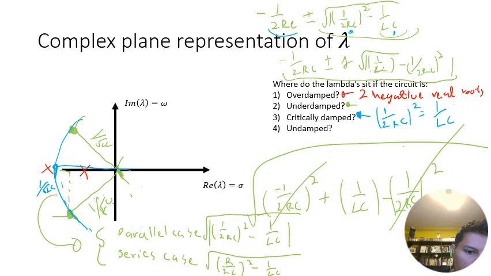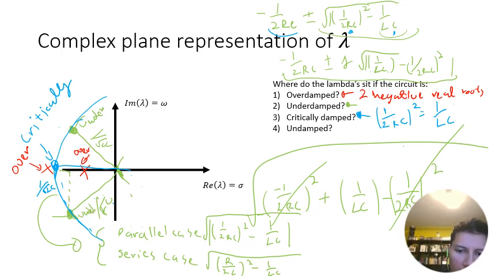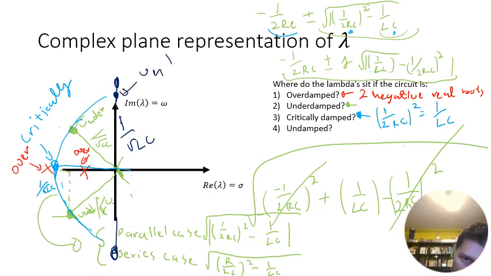And so the solutions should always sit on a circle, and where this is critically damped, and then this would be overdamped, and then the green ones are underdamped. And if you have an LC circuit, the roots will actually sit here and here at the height 1 over the square root of LC, and so this would be undamped.